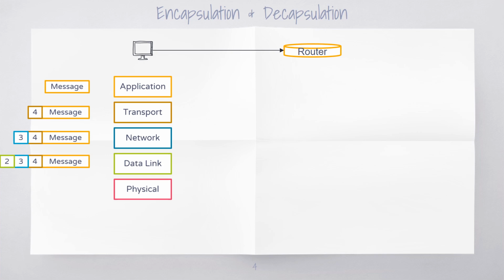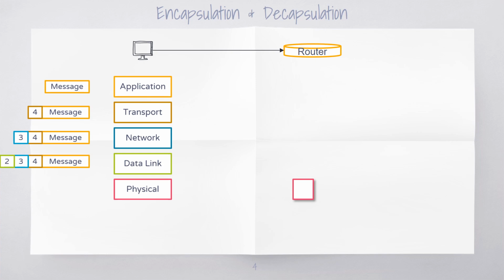So the bit information in the frame has to be transformed into an electromagnetic or electric signal. The physical layer performs this transformation from bits into an electric or electromagnetic signal based on the nature of the medium being used, and it is sent to the router.